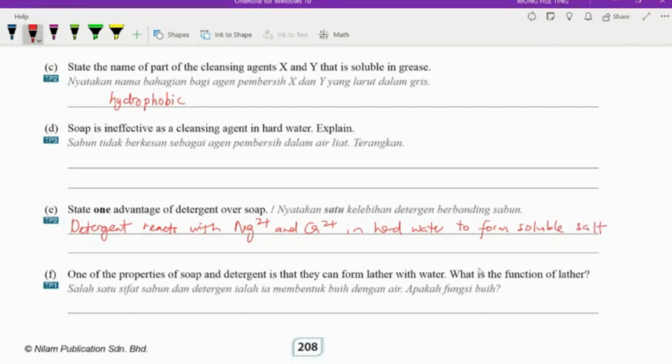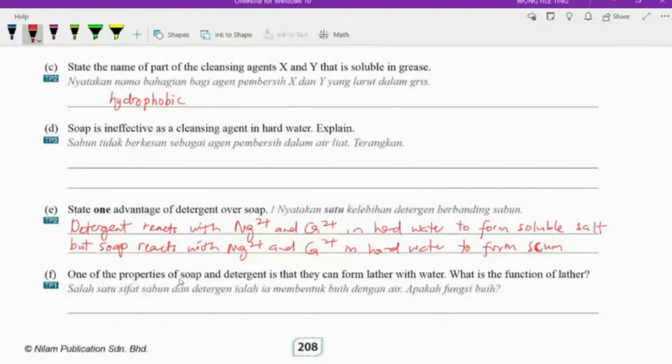But soap reacts with magnesium and calcium ions to form scum. So you can add another summary here: detergent is more effective than soap in the hot water.